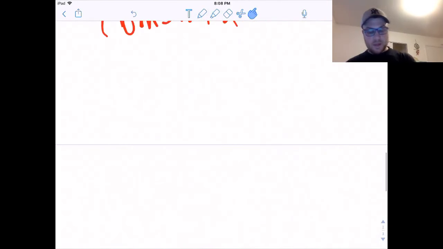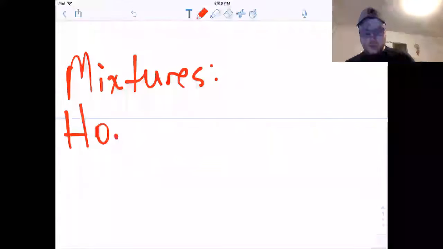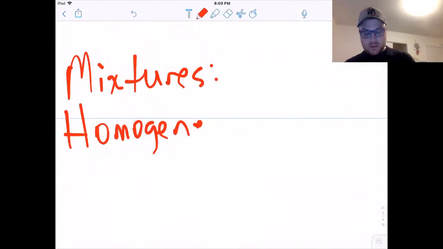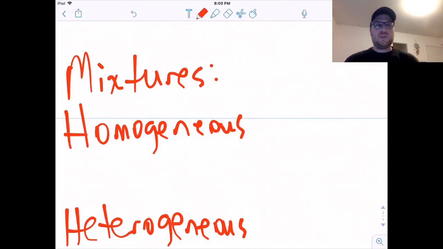Then you have your mixtures, which we define as either homogeneous or heterogeneous. So your homogeneous mixtures are those mixtures where when you look at them, you can't really tell they're a mixture.